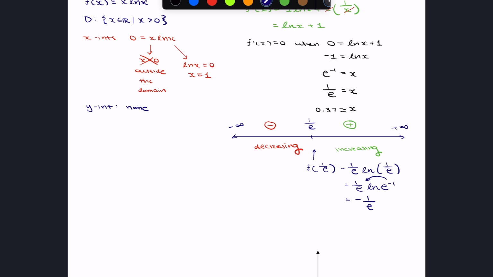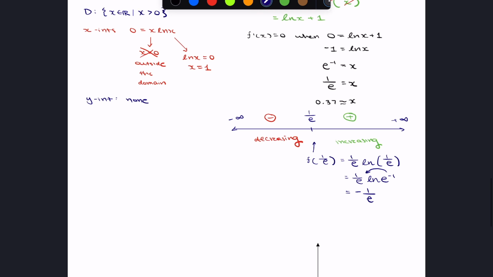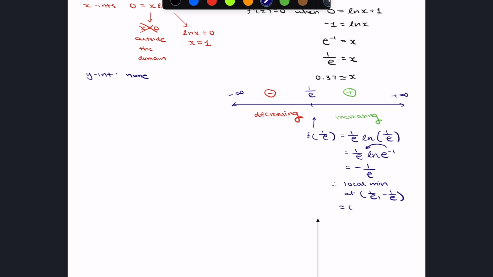So move the negative 1 to the front. ln e by itself will just be equal to 1. So we have negative 1 over e. So therefore, we have a local min at (1 over e, negative 1 over e). And so that's approximately (0.37, negative 0.37).